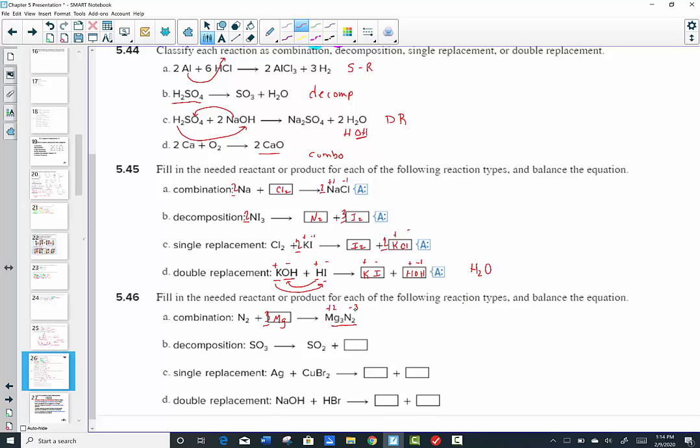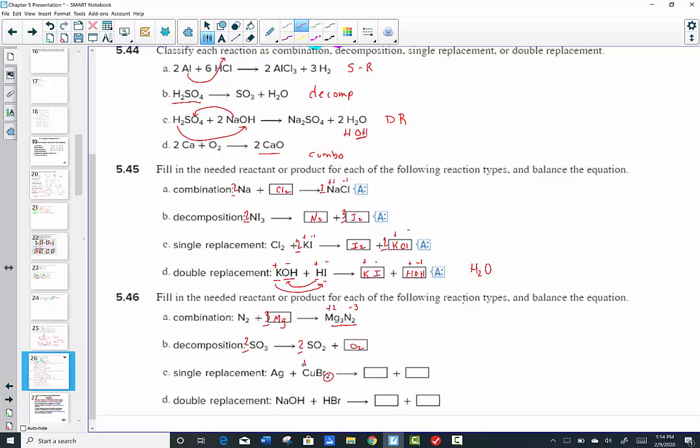Letter B, when sulfur trioxide decomposed, the elemental form of oxygen is what's missing, and it comes as O2, not just O. So then I have to work to balance 2 S's, 2 S's, 6 O's, and 4 plus 2 is 6 O's. Are you getting good at these?